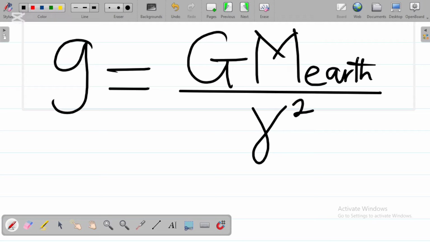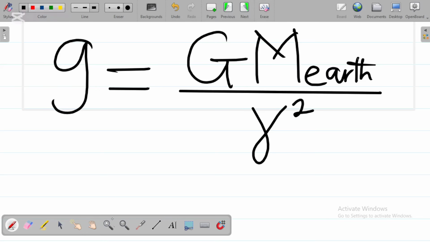So at surface level, acceleration due to gravity is equal to gravitational constant multiplied by the mass of the earth and then all divided by the radius of the earth raised to power 2.